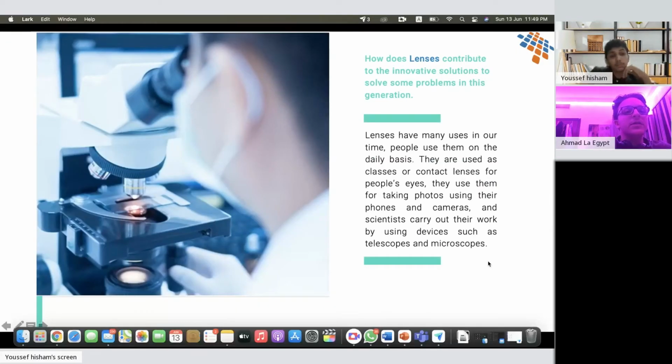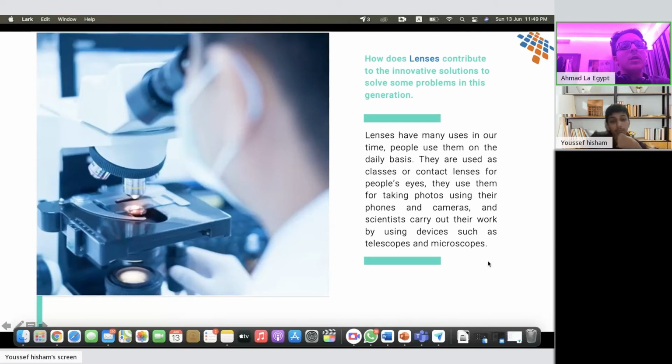Now, as you can see on this slide, we're gonna give you a small information about how lenses contribute to solving issues in this generation. So as you know, in this generation, people have been using phones and tablets and computers more often because, for example, we've been stuck at home for a long time and we have been studying online as distance learning, and we have been using these devices more often. And these devices are actually the main reason of our eyes having problems in the first place.